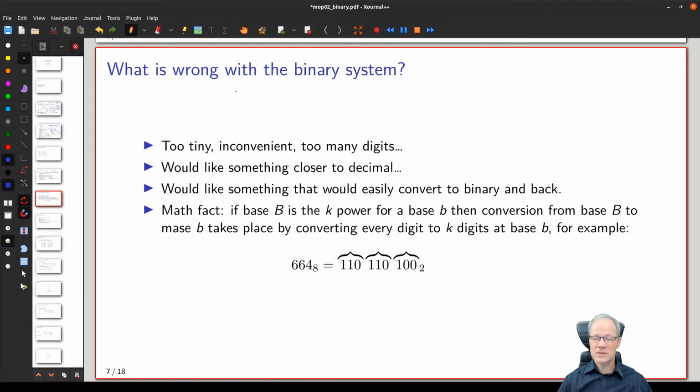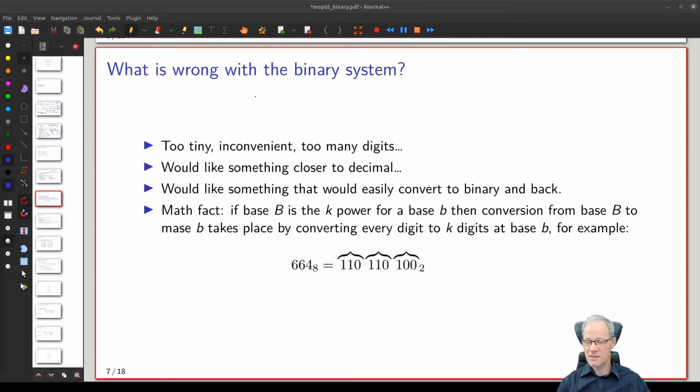Now, what's wrong with the binary system? We just decided that binary system is going to be pretty good. For the hardware, binary system is just perfect. On or off, they can deal with that.